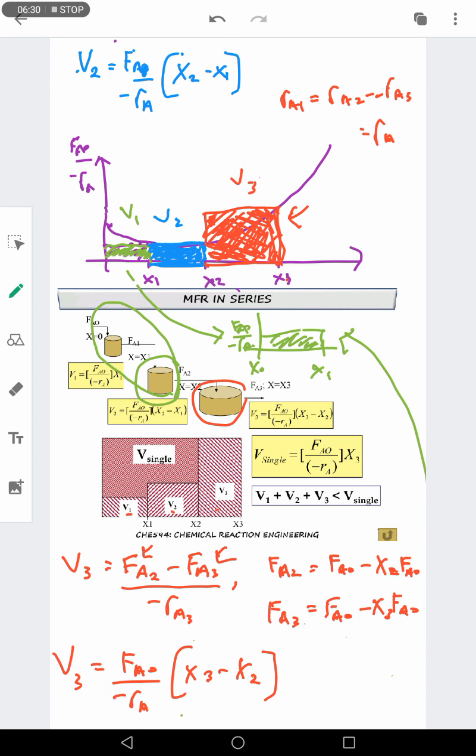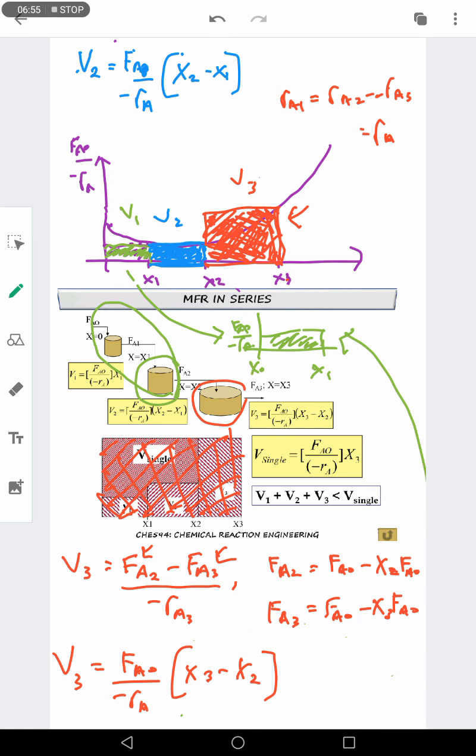Sebab kalau MFR yang besar tu dia adalah the whole square of this. Maksudnya volumenya adalah lagi besar, volume yang the whole thing ni adalah lagi besar berbanding V1 plus V2 plus V3.